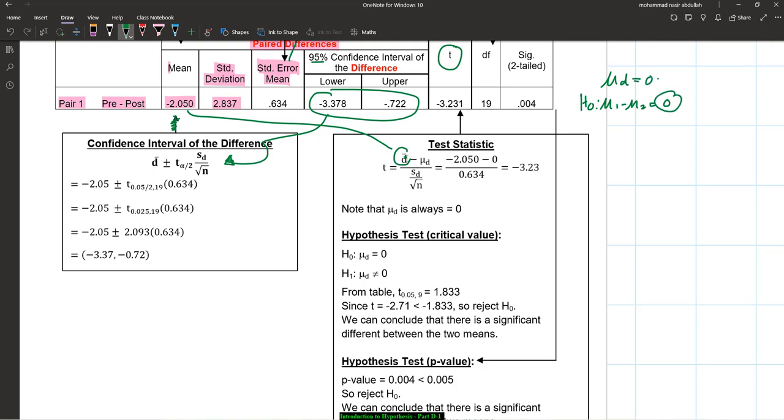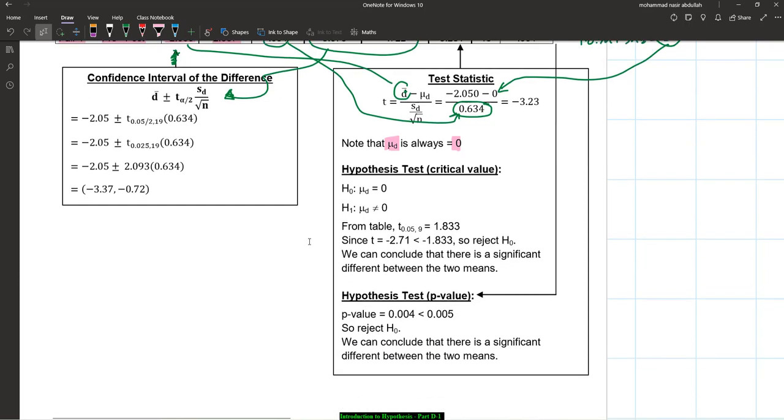That's why 0 takes place in this formula, divided by the standard error of the difference, which is 0.634. So we will get negative 3.23. Note that mu d is always equal to 0. So the hypothesis testing should be mu d equal to 0 versus mu d not equal to 0.